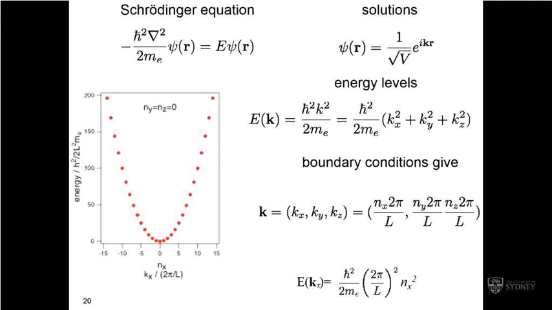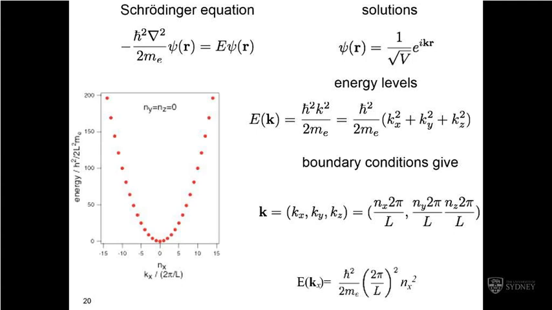And so you can write your free electron energy as h bar squared on 2me, and instead of k, we've got the 2 pi over L squared, n squared. To get a feel for that, you get your free electron-like parabola.